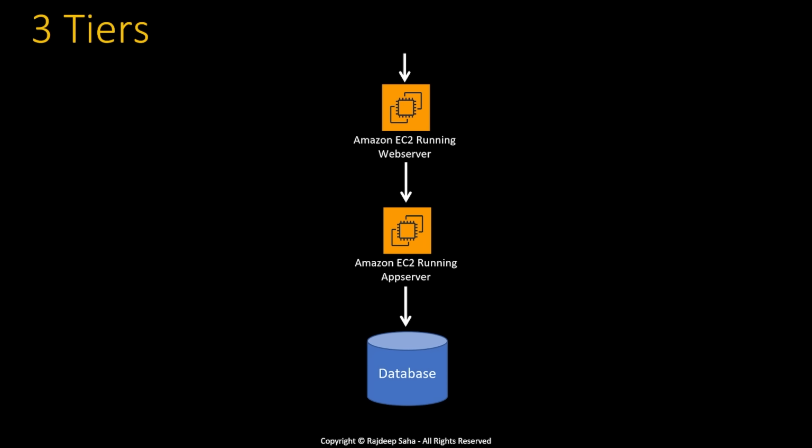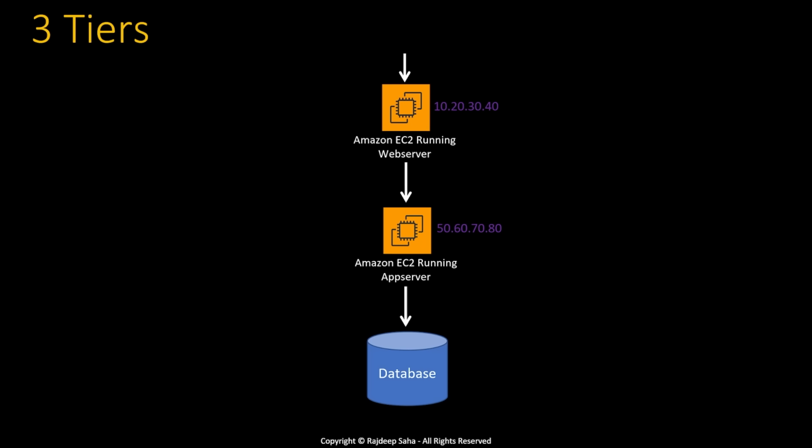So going back to our three tiers on AWS, one way to design this is you can run your web server on a virtual machine or Amazon EC2. You can run the app server as well on Amazon EC2, and the app server can communicate with the database. And both of these EC2s will have some IP address. So your interviewer might ask you, how will the web server access the app server, and how will the users access this web server from the internet?